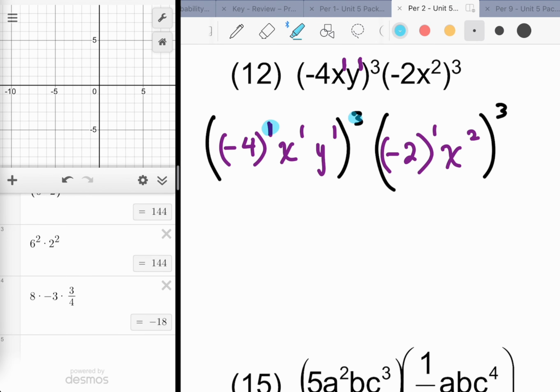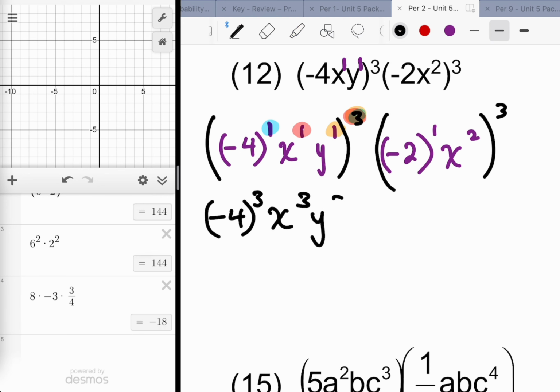So 1 times 3, so negative 4 to the third power. 1 times 3, so x to the third power. 1 times 3, so y to the third power, times 1 times 3, negative 2 is going to be now to the third power, 2 times 3, x to the sixth power.